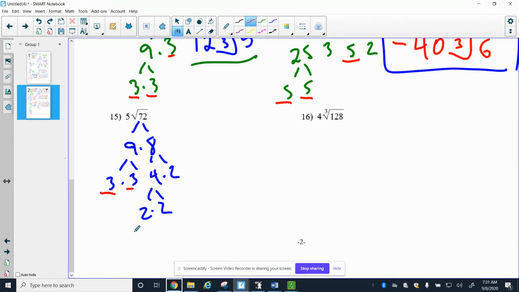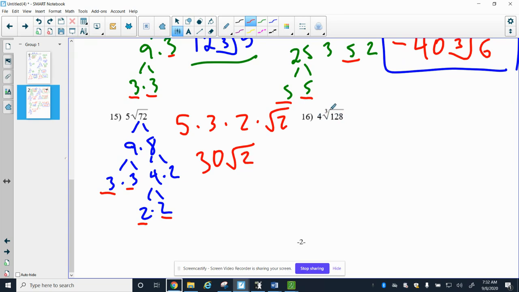So we have a 3 and a 3. We have a 2 and a 2. So now we have 5 times 3 times 2 times, we have an extra 2 hanging out, root 2. 5 times 3 times 2, that would be 30 root 2.